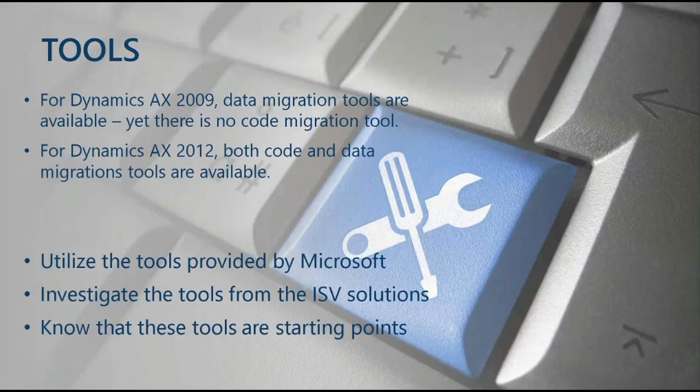The second one is ISV tools too. Just for example, we are an ISV ourselves, and several of you on the call are using our IP. We also had to provide tools that facilitate this upgrade, both in terms of the code as well as the data. So make sure, if you have ISVs, reach out to them and see what kind of help they can provide to you. And always know that these are starting points.